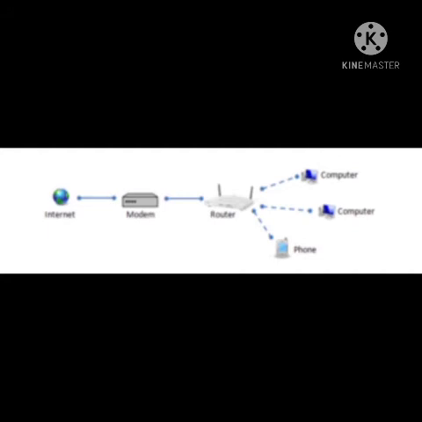As you can see in this figure, the router allows multiple devices to connect to the network, right? The router is physically connected to the modem. So all devices connected to the router can connect to the internet via the modem. So this is the function of the router and the modem.